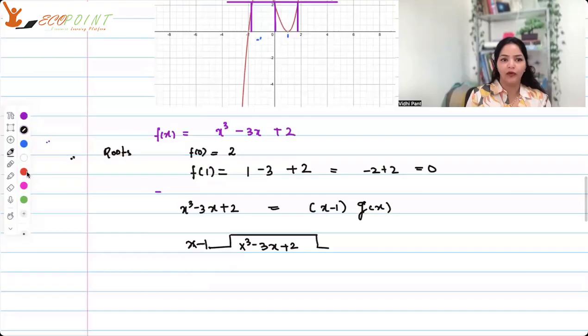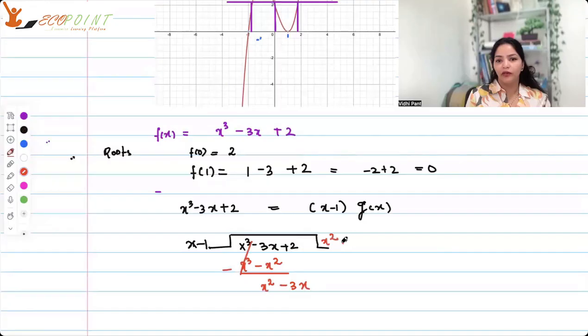So what am I going to get? Well, to get x cubed, x square is required. So x cubed, and here I will get minus x square. If I subtract, this goes off, and minus minus makes it x square as it is, and from here I'm going to get minus 3x, right?